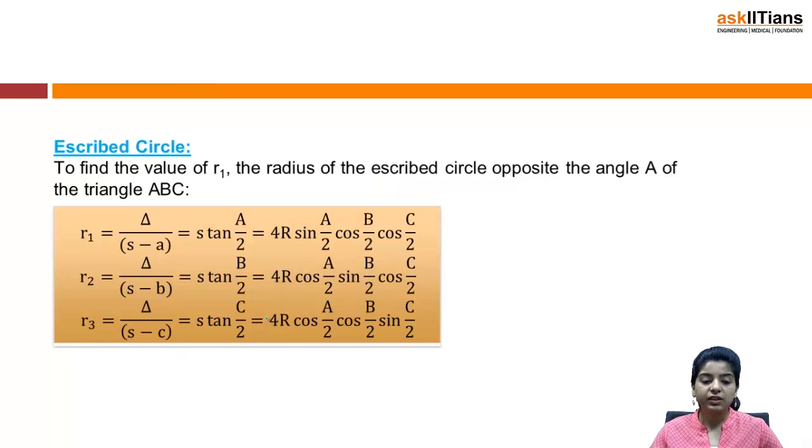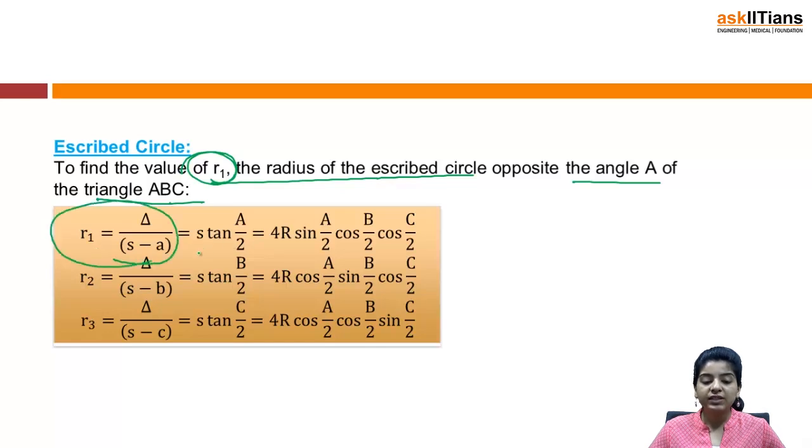Next we have the escribed circles. To find the value of R1, the radius of the escribed circle opposite the angle A of the triangle ABC. Now R1 denotes the radius of the escribed circle opposite the angle A of triangle ABC. Then R1 would be equal to delta by (s minus a), equal to s tan A by 2, is 4R sin A by 2 cos B by 2 cos C by 2.